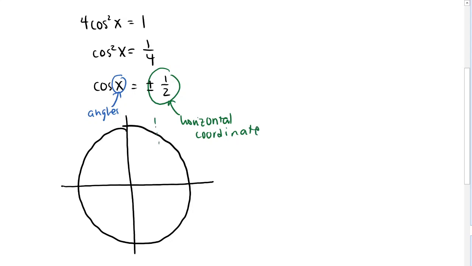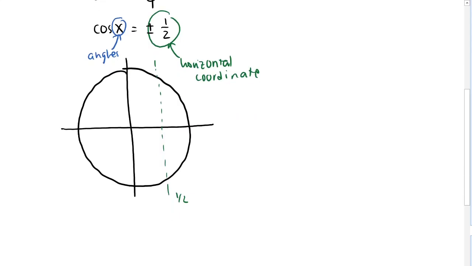So here's a horizontal coordinate of 1/2. That happens at any angle that lands here or lands here. And one such angle is pi over 3, but really any coterminal angle will also land at such a position.